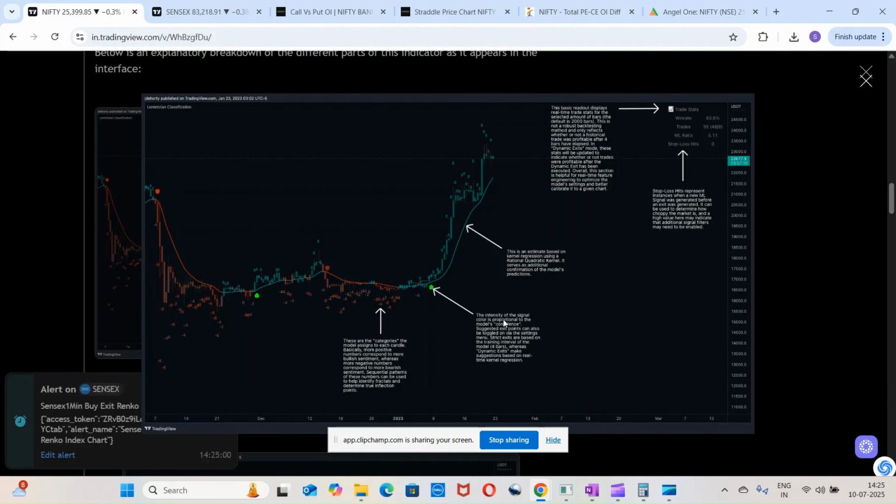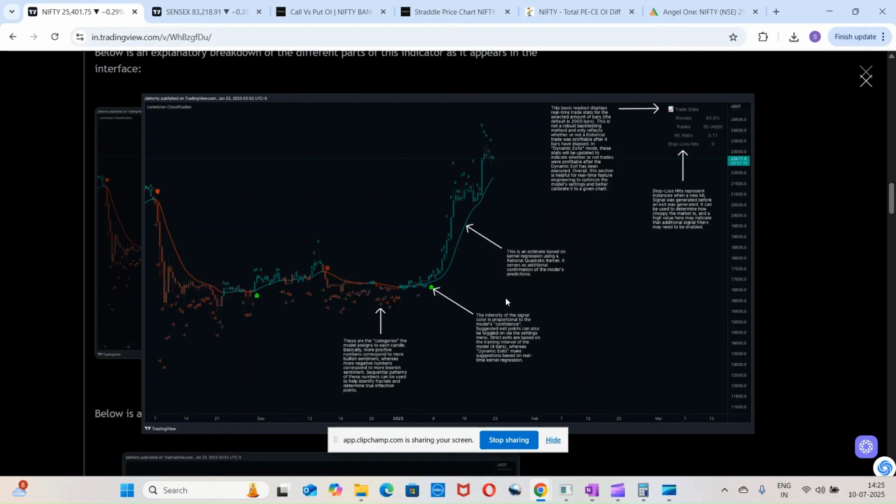This is the confidence level of the model, which basically tells the entry point, where we need to enter. And this line is an estimate based on kernel regression using a rational quadratic kernel. It predicts how price is going to move, and the real movement is most likely like this.